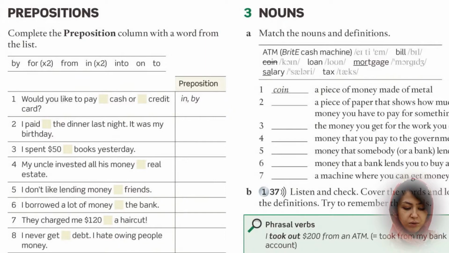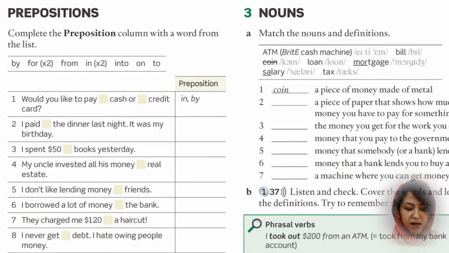So, number 2, I paid for the dinner last night. Pay for the dinner. It was my birthday. Number 3, I spent $50 on books yesterday. Spend on. This is the proper preposition for that.